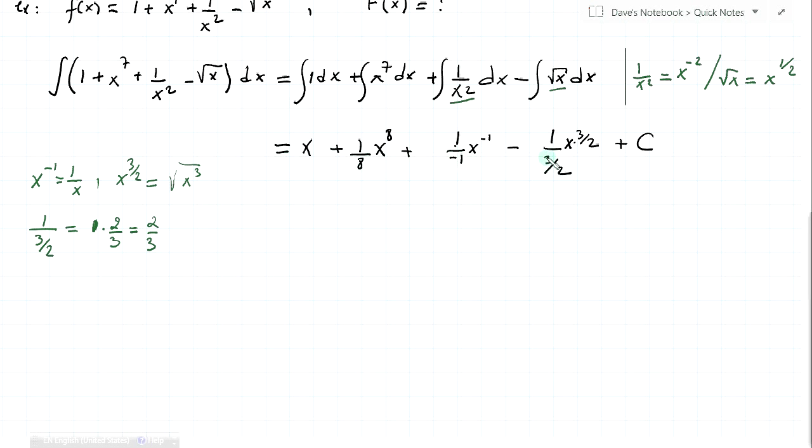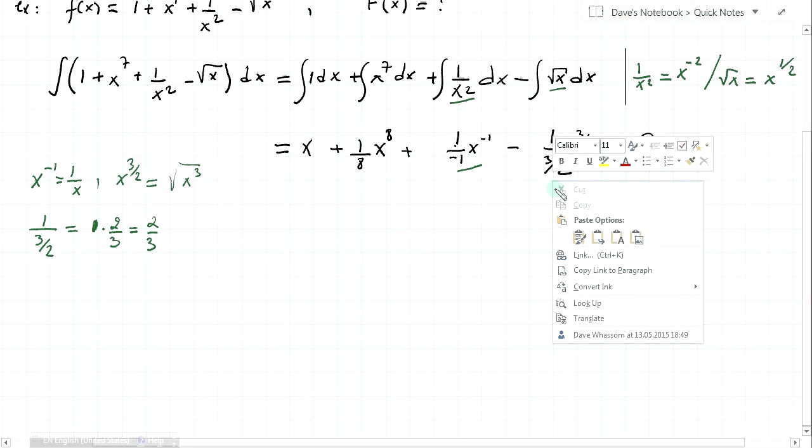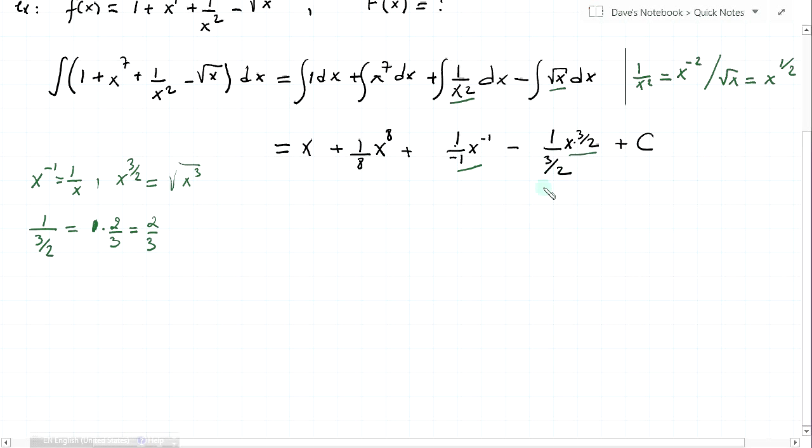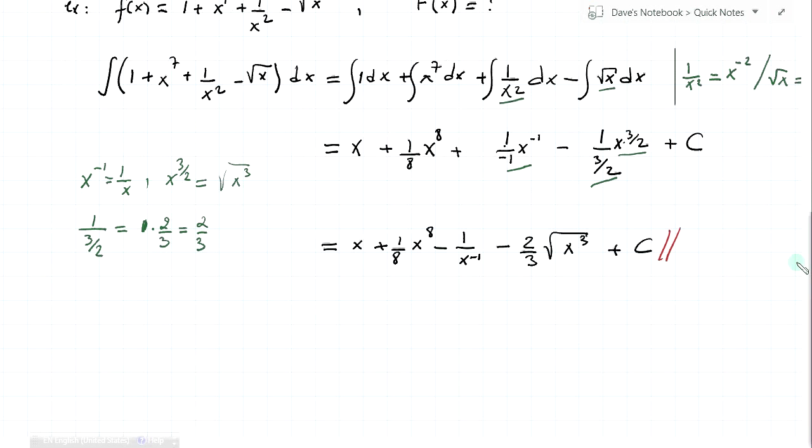What we're going to do is replace all those back, turning them into fractions again, and turning this one into a square root. And of course we're going to arrange this one here, dividing these two fractions. That will give us the result here.